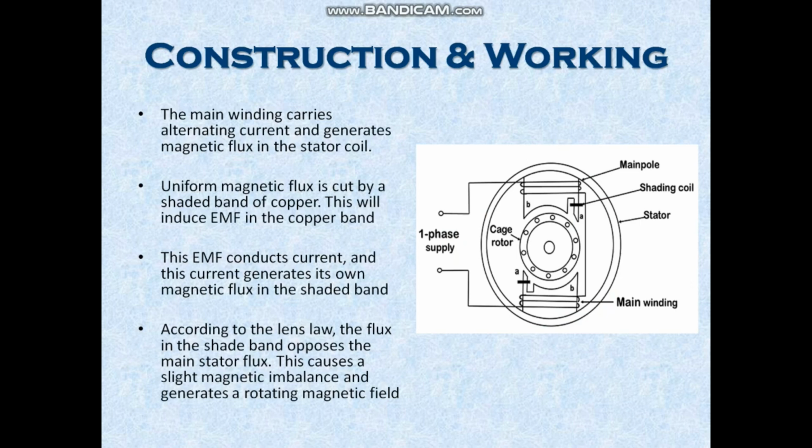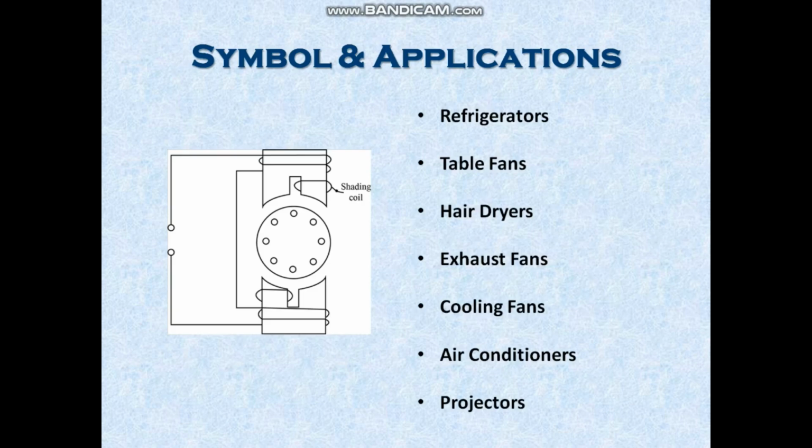According to Lenz's law, the flux in the shaded band opposes the main stator flux. This causes a slight magnetic imbalance and generates a rotating magnetic field. The symbol used to represent the shaded pole squirrel cage induction motor is shown in the figure.